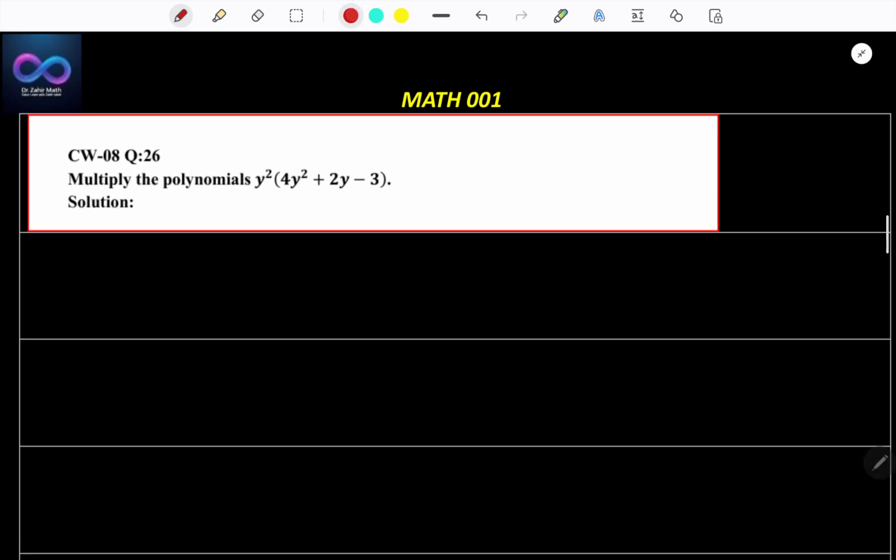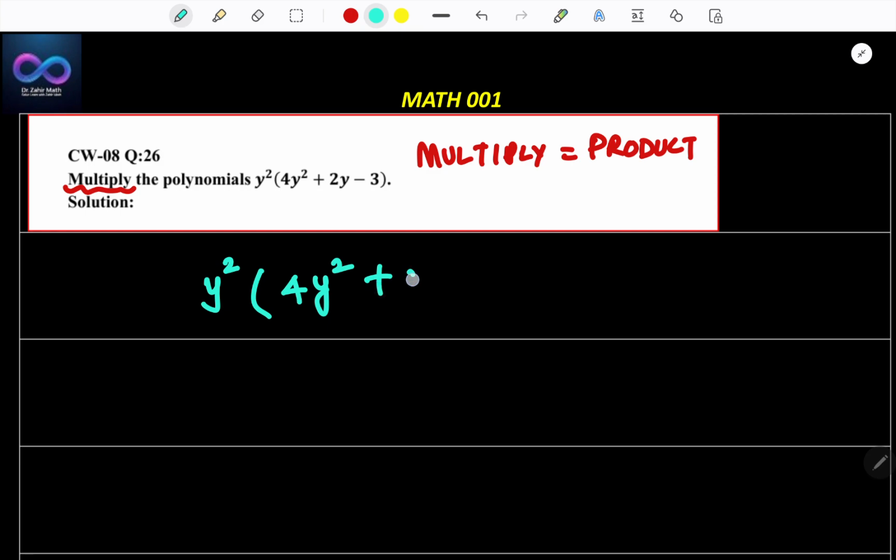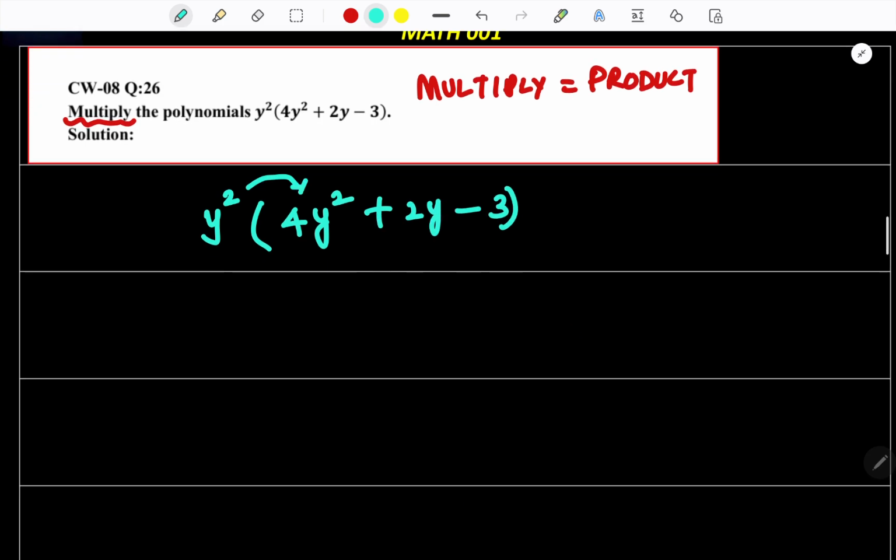Multiply the polynomials. Again, multiply. So multiply, another word I said, is products. Yes. So y square multiply 4y square plus 2y minus 3. Slowly, multiply y square into this. 1 multiply 4 is 4.